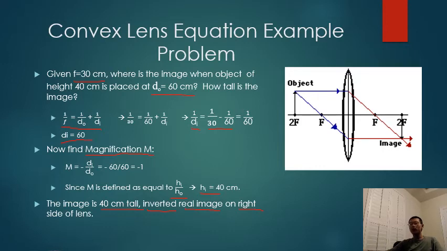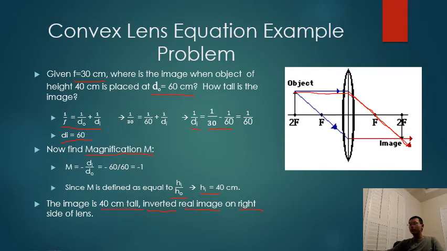We can also construct light rays through ray tracing with the 3 basic principles on how to draw the light ray. The ray that is initially parallel to the optical axis would end up passing through the far focal point.